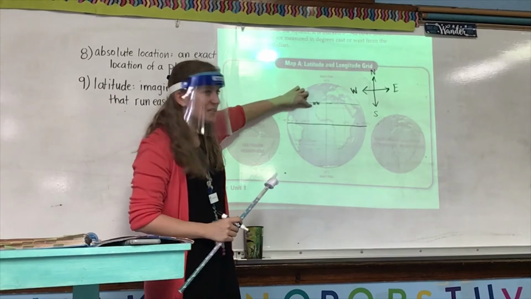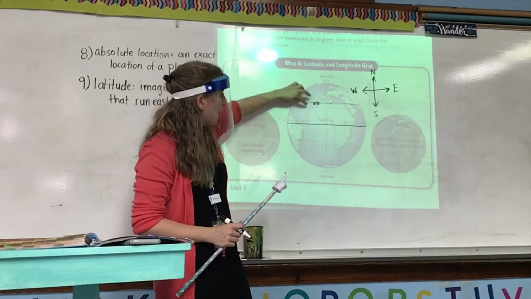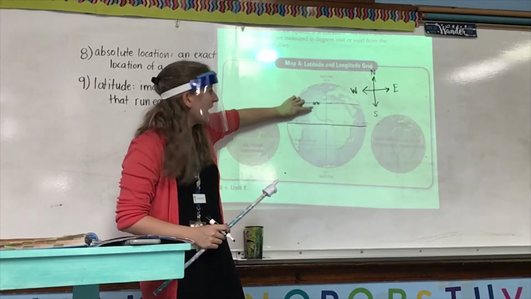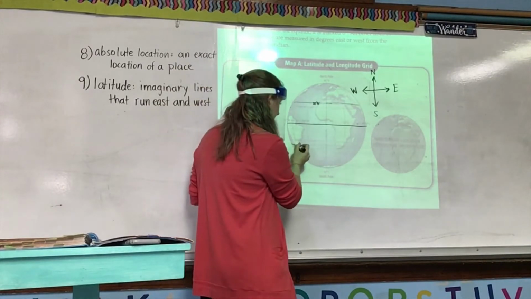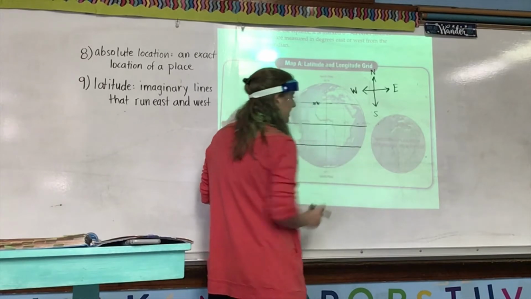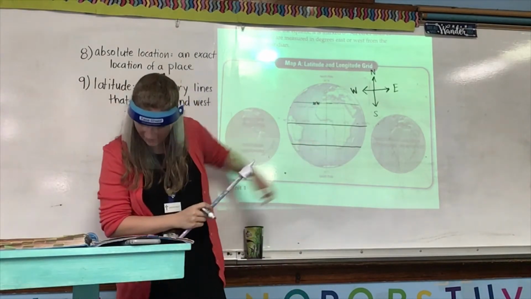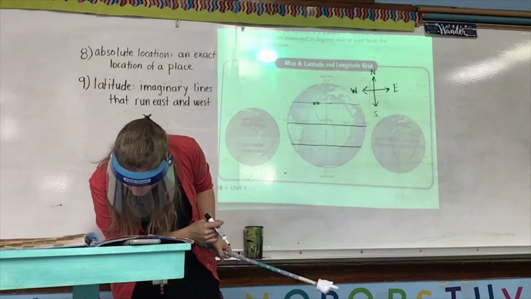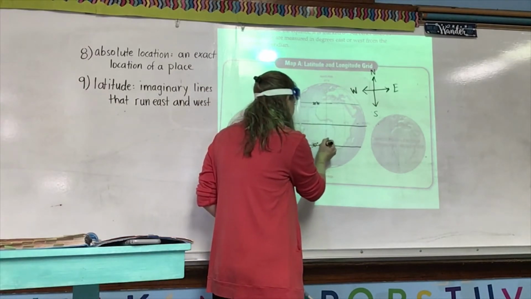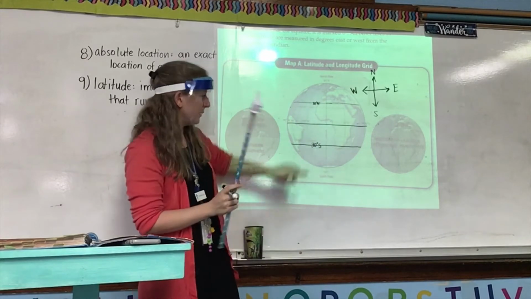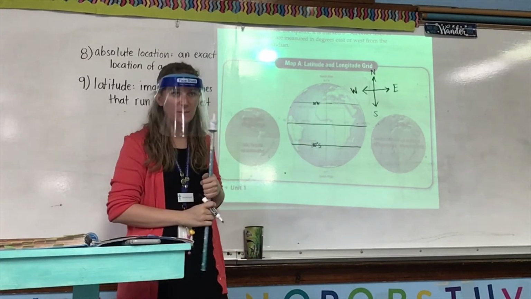So this first line of latitude that we see above the equator is 30 degrees north. This first line that we see below the equator is 30 degrees south because it is south of the equator.